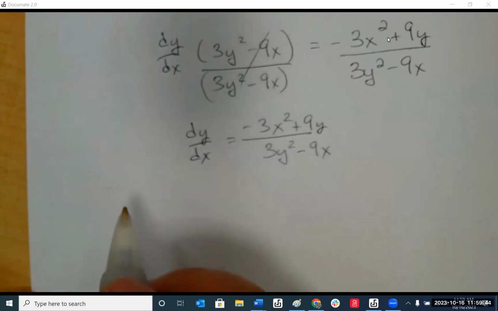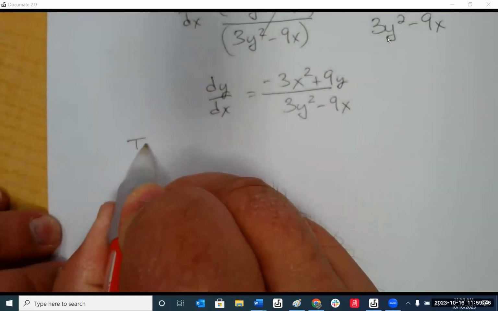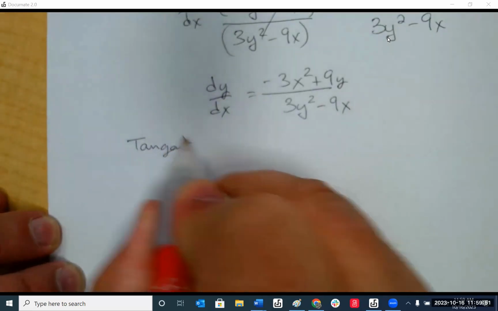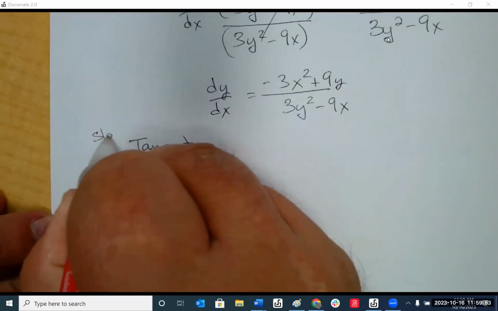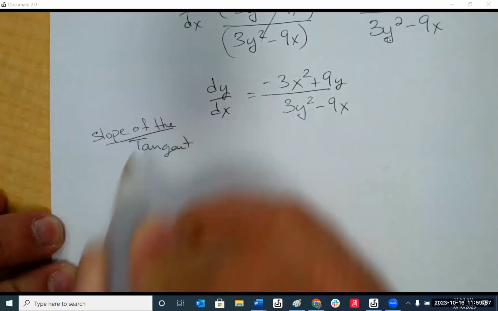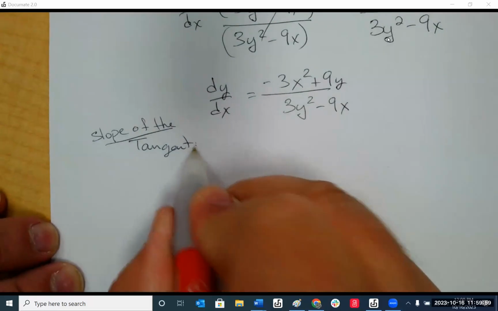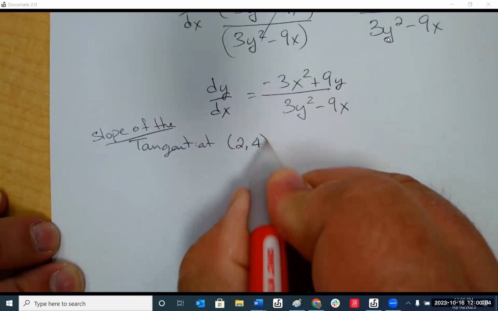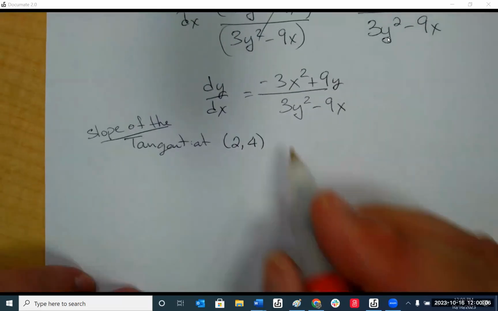All right, so now what do we do? The slope of the tangent at 2, 4. Just plug them in there.